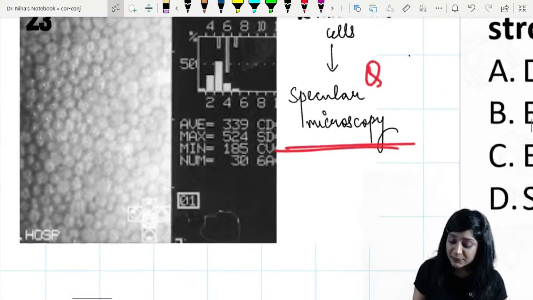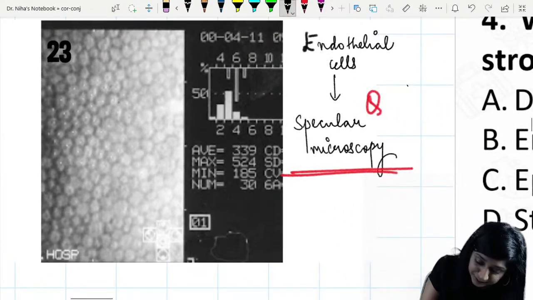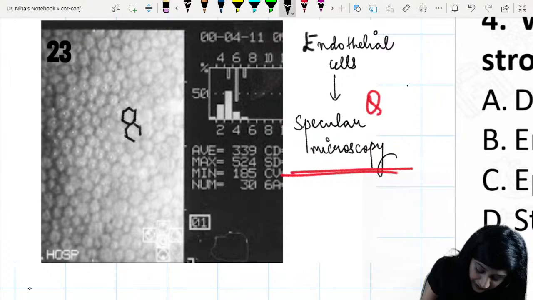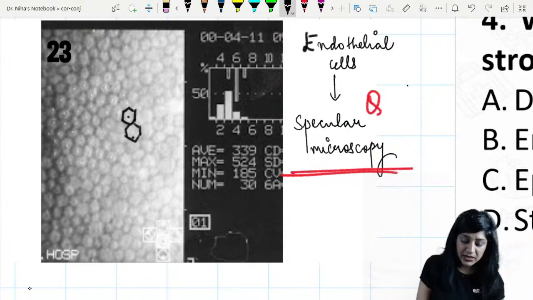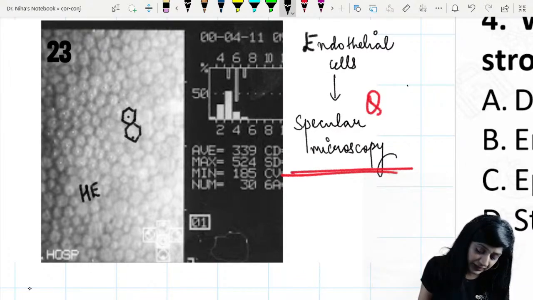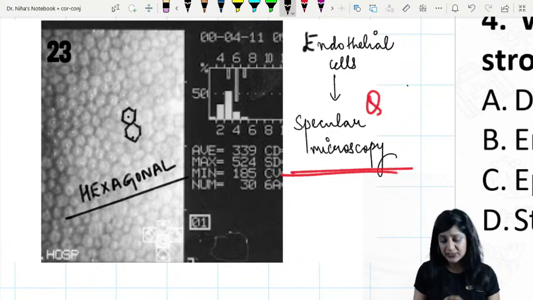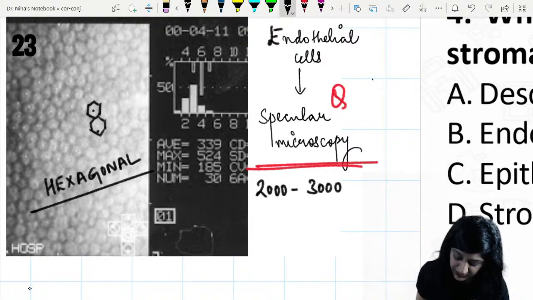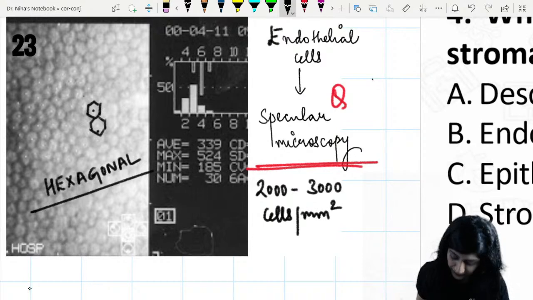So yes, it is specular microscopy, and the shape of the cells you get on specular microscopy is hexagonal. Another important thing is the count: it is 2000 to 3000 cells per millimeter square.